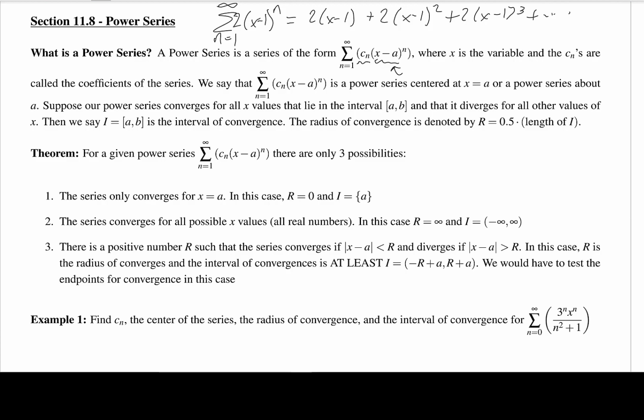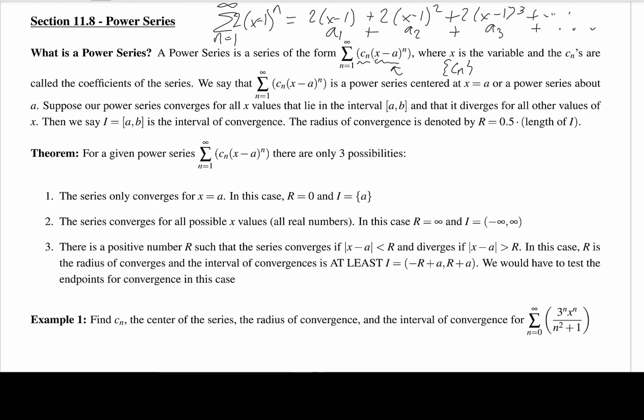If I don't want my coefficients to be the same number every time, we can think of this as our a1 term, a2, a3, and so on. Then I'll create another sequence, which is the c sub n sequence.